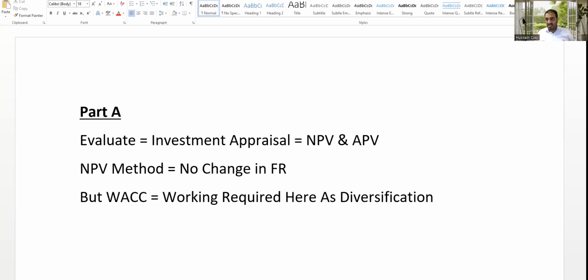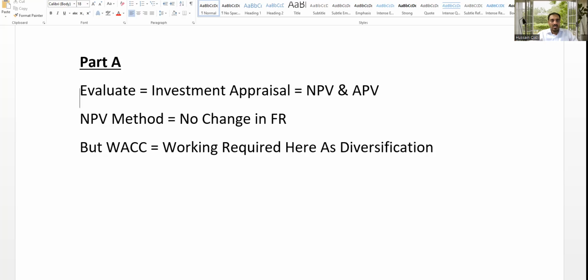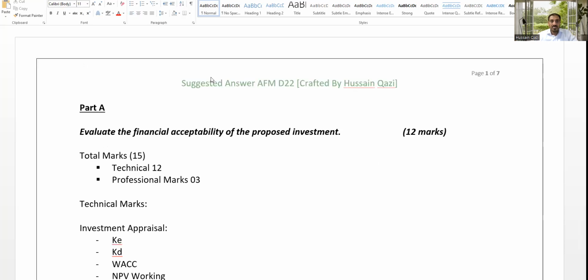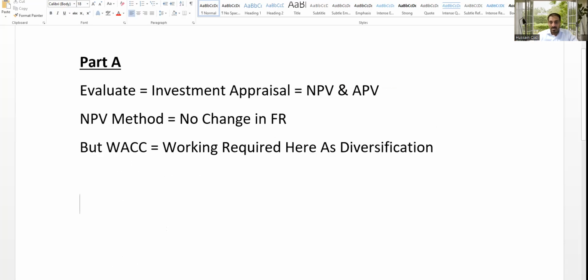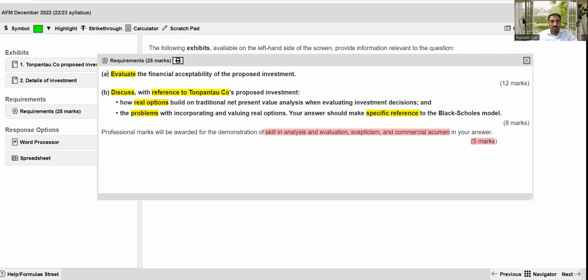Yes, the systematic risk change we can consider using the proxy company method, but not considering the change in financial risk. So first develop your mindset. Appraisal by NPV method. This is a 12 marks question.